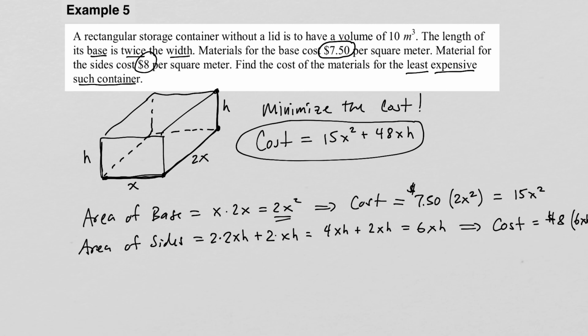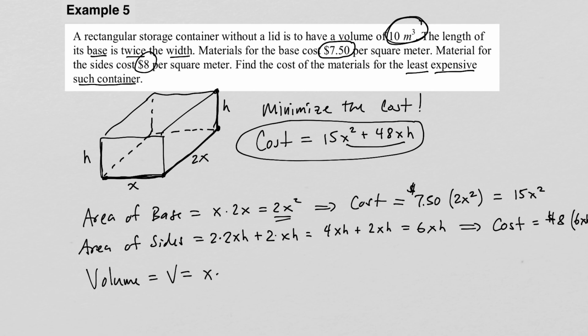So the next step, of course, is to realize that our cost function has two variables, and this is not okay. We have an x and we have an h, and so we have to ask ourselves, what else do we know about this box? We know the volume is 10 cubic meters, and the volume of a box, which I'm going to call V, is pretty simple. It is the width times the length times the height.